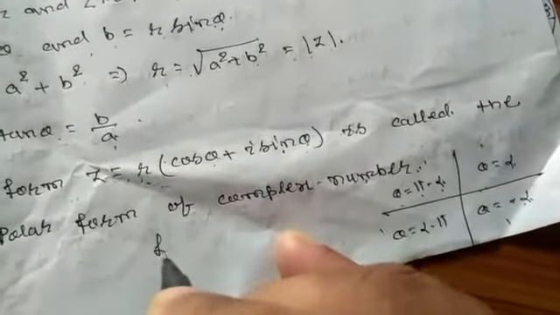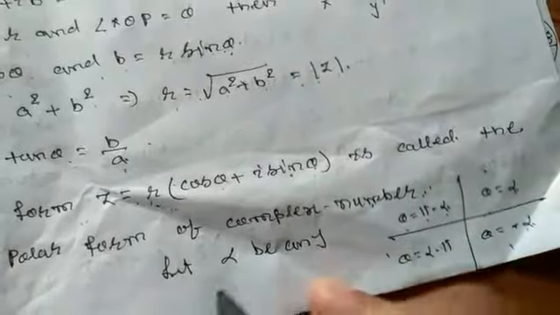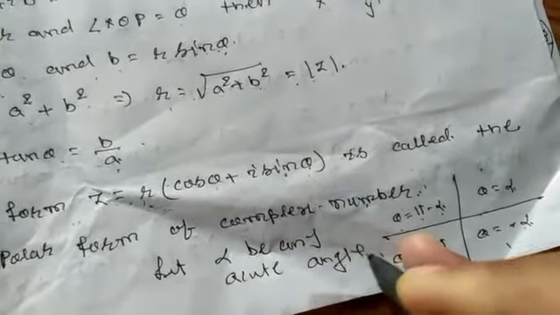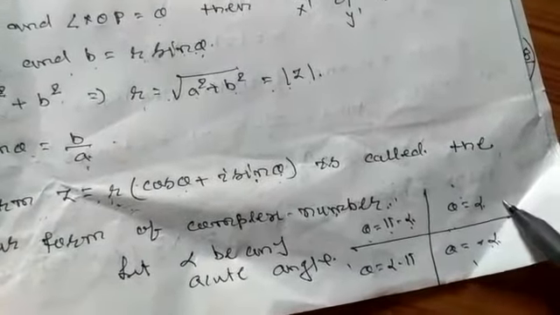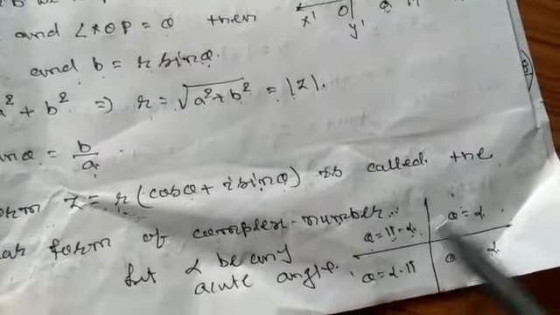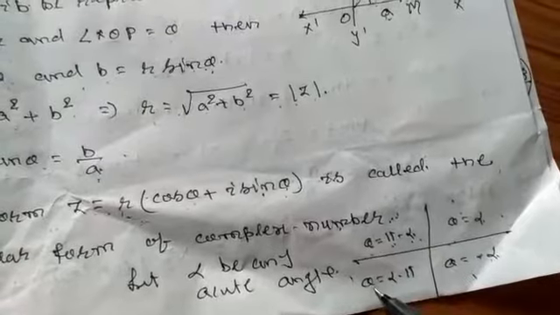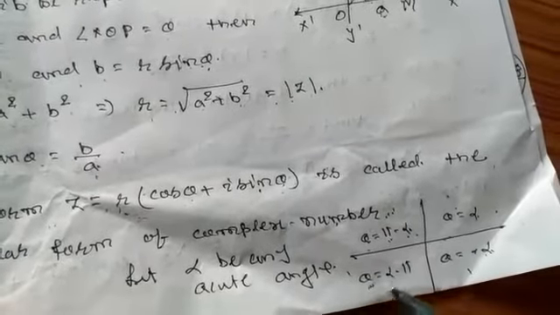Here you mention let alpha be any acute angle. Then when the point lies in the first quadrant, theta will become alpha. And when the point lies in the second quadrant, theta will be equal to pi minus alpha. Similarly, when the point lies in the third quadrant, theta equals alpha minus pi.